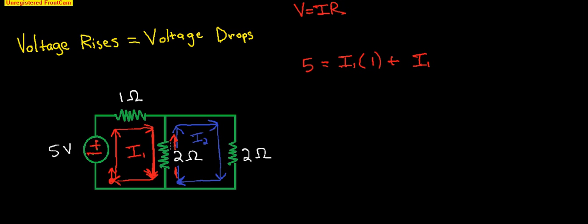Because I2 is opposing I1, you want to subtract I2: I1 minus I2. Let's throw some parentheses around this. This is the real current flowing through this resistor, and the resistance is 2 ohms, so we multiply times 2.